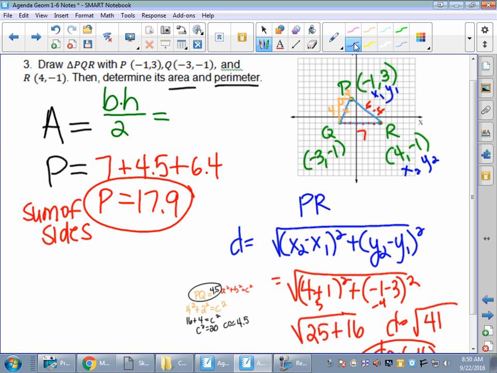This is my base that is 7, because I like to use a vertical line if I can, which means that this is my height right here. We actually found that height when we did that first Pythag. That's 4. So my area is going to be a base of 7 times a height of 4 all over 2. For that height, I can just count it because it is a vertical line. So my area is going to equal 28 divided by 2, or 14 square units.